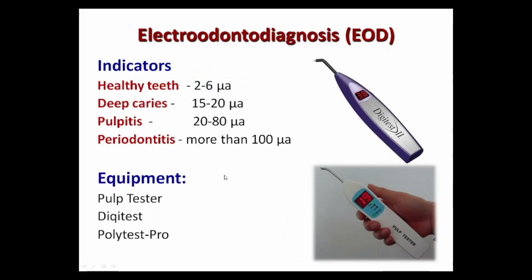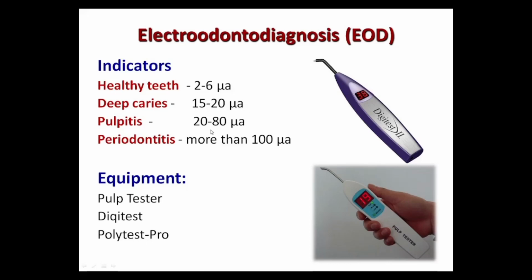And indicators: healthy teeth, normal reaction from 2 to 6 microampere. During deep caries, it may be about 15 to 20 microampere.